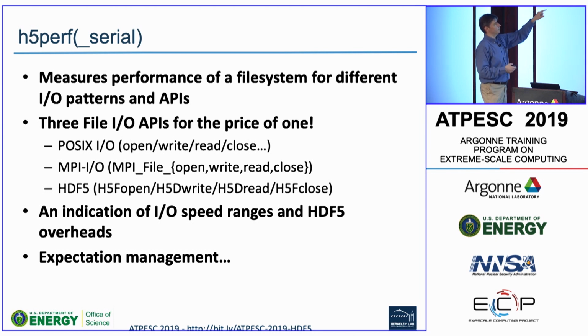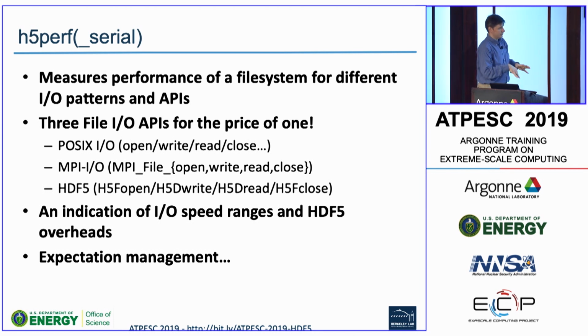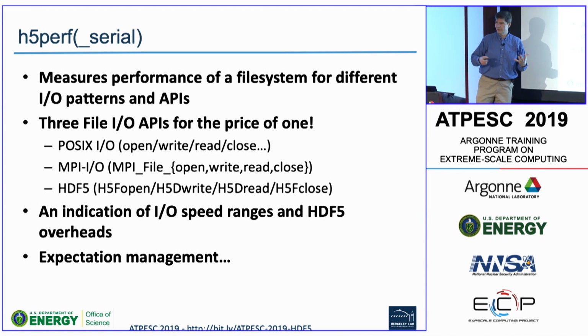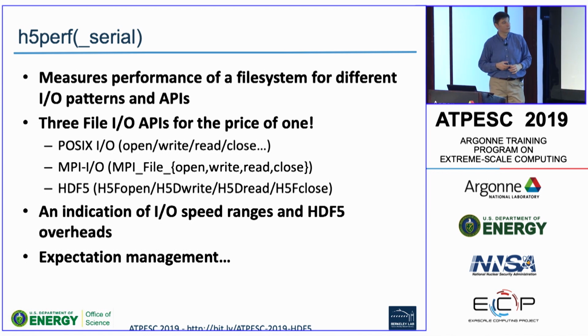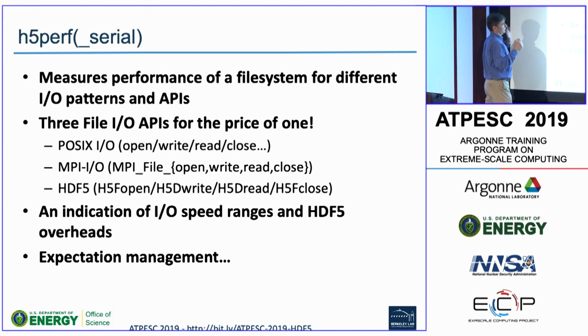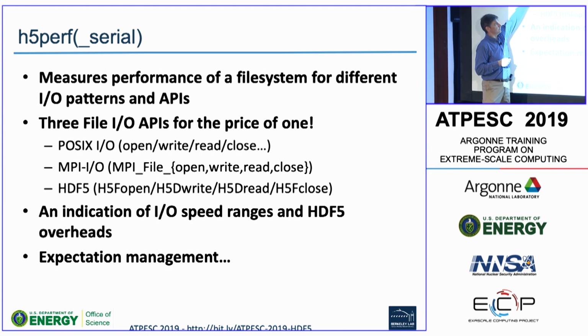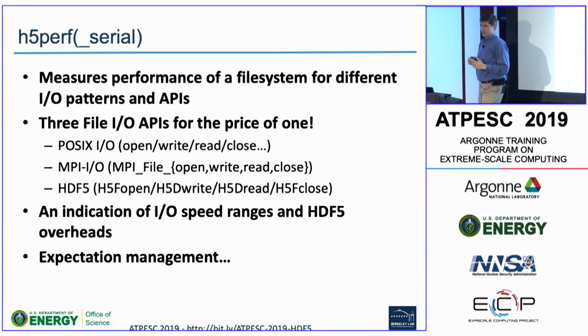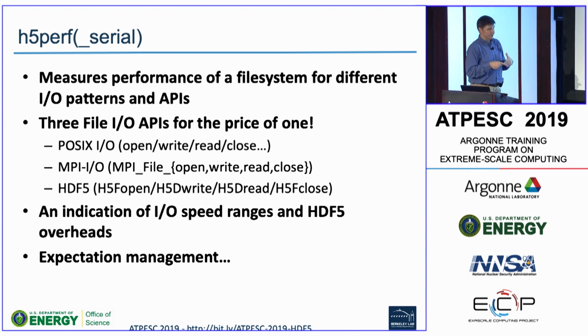So this H5perf tool, there's a serial version if you'd like to just kind of run it on your laptop or on another machine to check out various serial performance aspects of things. If you're running the parallel version, you can see what the actual POSIX performance is if you didn't do collective I/O. You can see what MPI would do if it was doing collective or not collective I/O on that system.